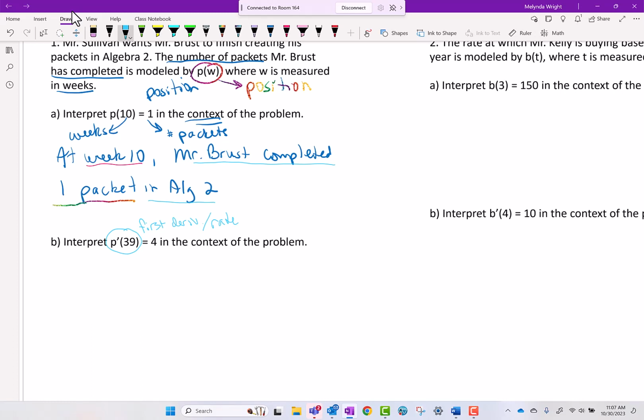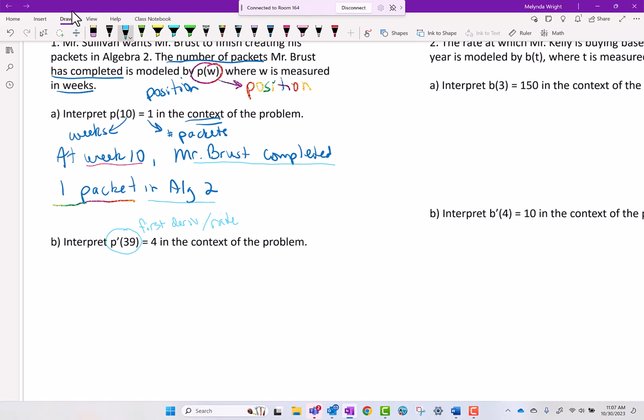So now let's pick that apart and figure out what this means in context. I like to write the time first. Really, it doesn't matter the order you write the words in, as long as you get them all in and they make sense, then it's fine. It doesn't have to look exactly like mine. So the 39 is talking about the 39th week, right? That's a week.